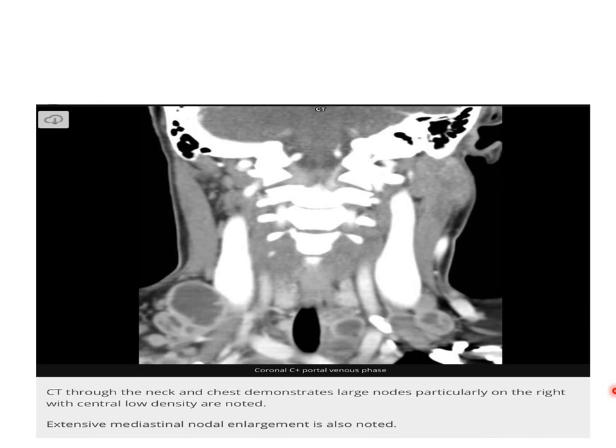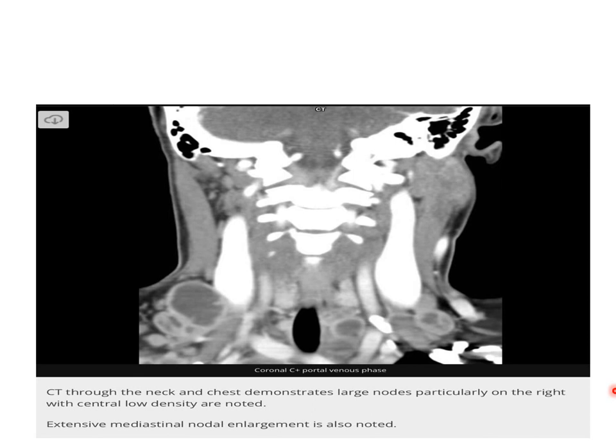In Doppler, TB shows low resistive intranodal vascularity, with central vascularity. We can differentiate it from metastasis, which shows peripheral hypervascularity.